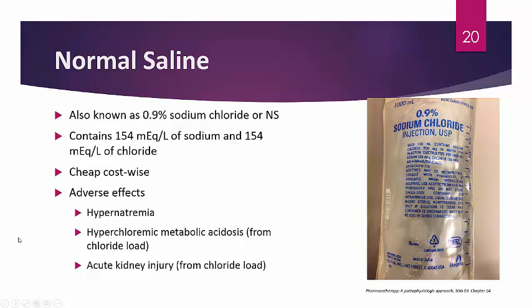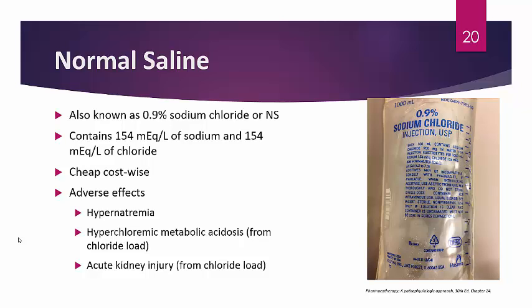So talking a little bit about the main ones, normal saline is also known as 0.9% sodium chloride, or NS, and it contains 154 milliequivalents of sodium and 154 milliequivalents of chloride. And you might ask, why is this important? Well, your patients may have different levels of sodium and chloride in their bodies.